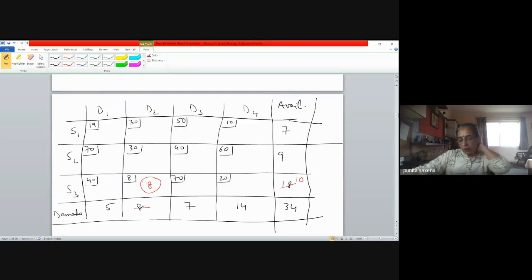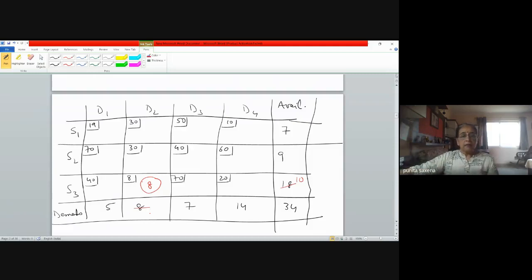Now, whichever has been exhausted, either the demand or the availability, we eliminate that row or column. If the demand has been exhausted, we eliminate that column, and if the source availability has been exhausted, then we eliminate that row from the table. Elimination means that any cost occurring in that column or row will not be considered for further analysis.